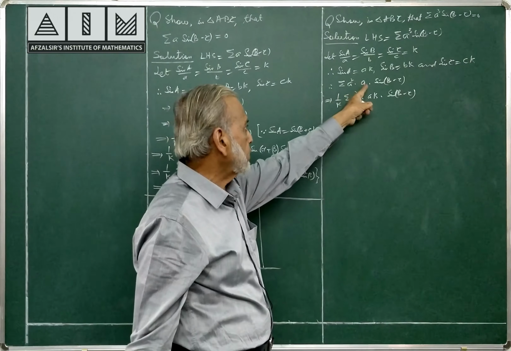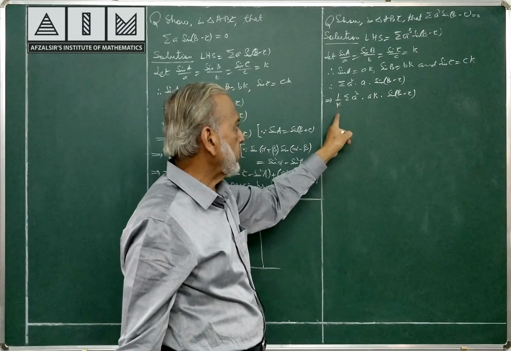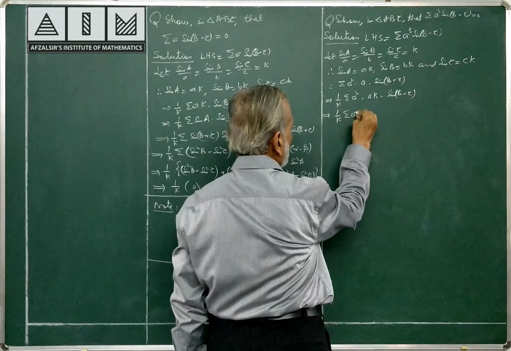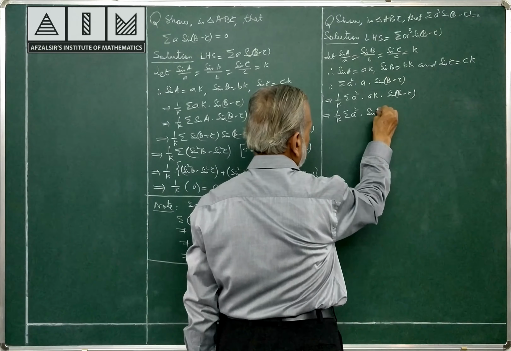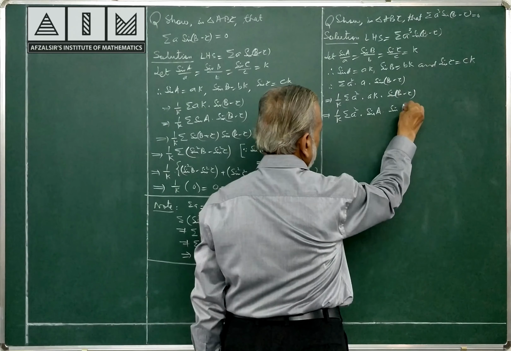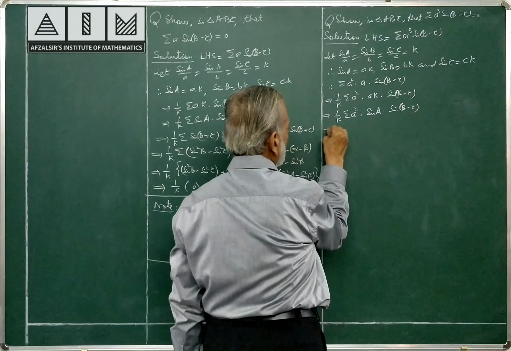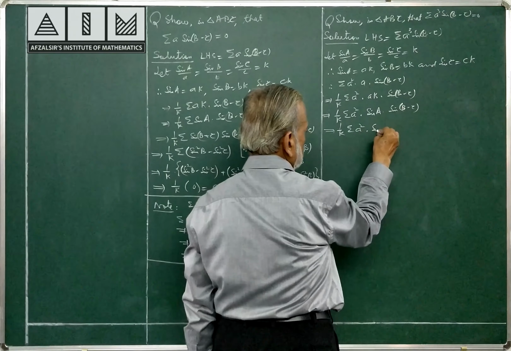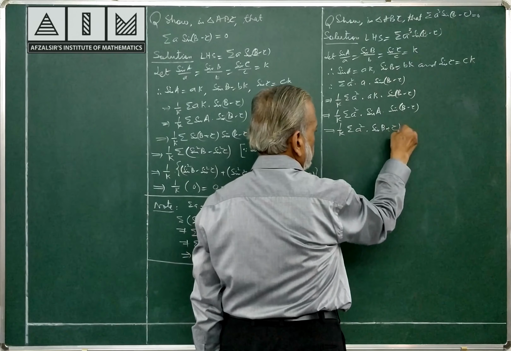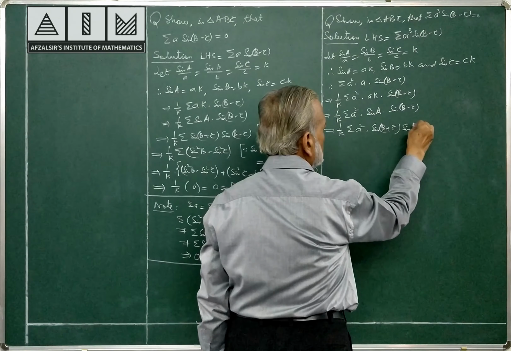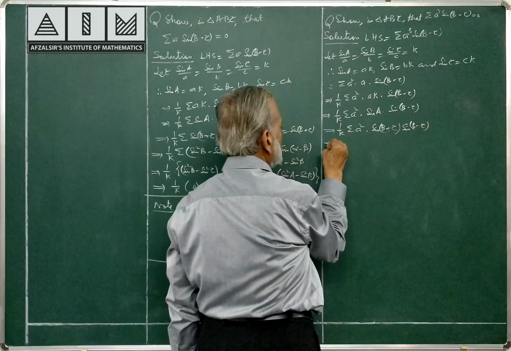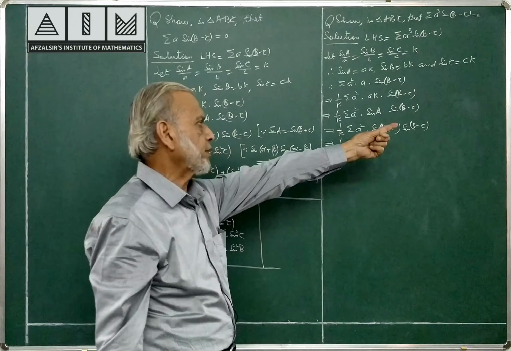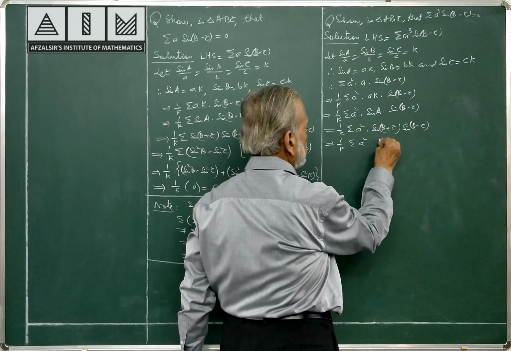Sigma a square into a is written as ak by dividing by k here. Doing the same work again, ak is sin a, sin(b minus c). Sin a is sin(b plus c), as you already know, in a triangle. A square, same formula, sin(b plus c) sin(b minus c) is sin square b minus sin square c.